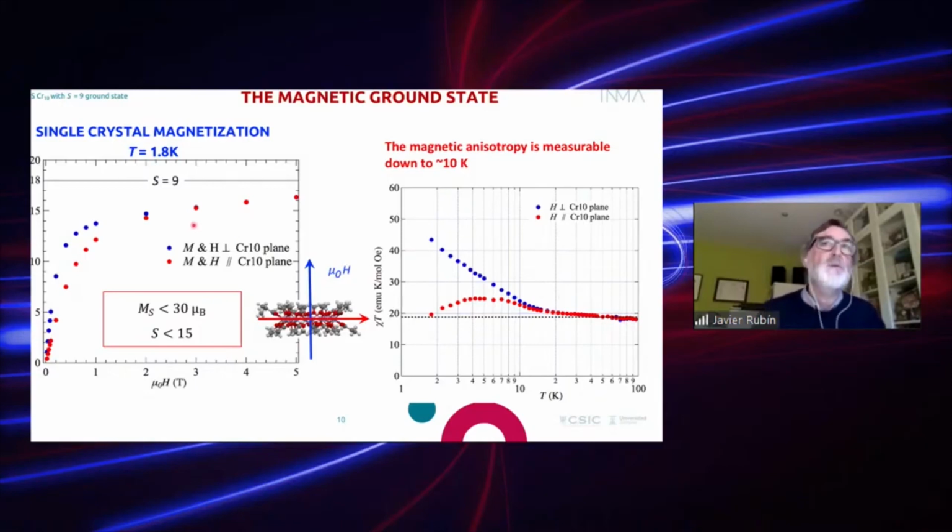Spin 9, with respect to the totally ferromagnetic case, which is spin 15, means that some antiferromagnetic interactions have to be considered. So this makes a completely different case, because usually in rings we have all ferromagnetic or all antiferromagnetic, and here we have important antiferromagnetic interactions inside the ring.